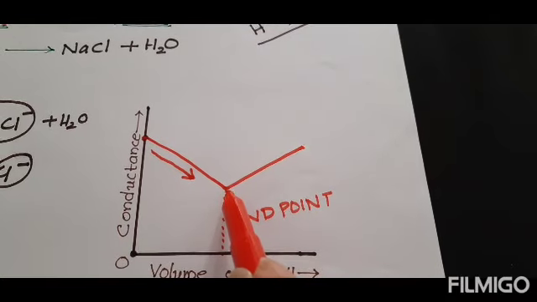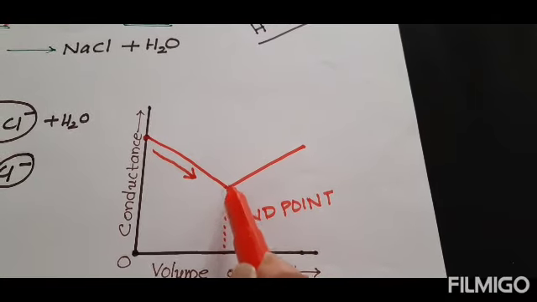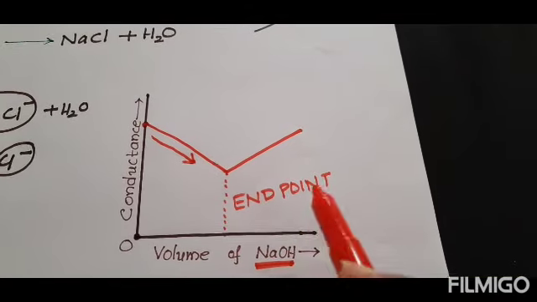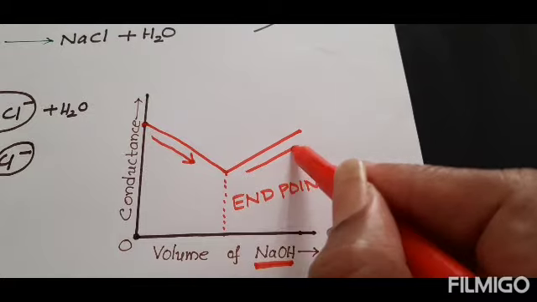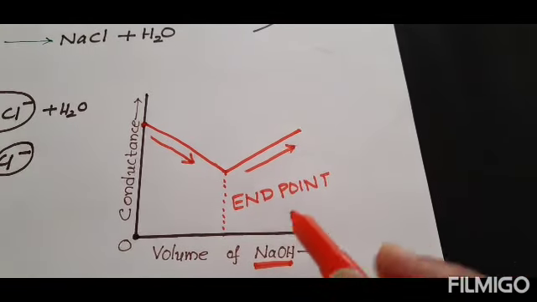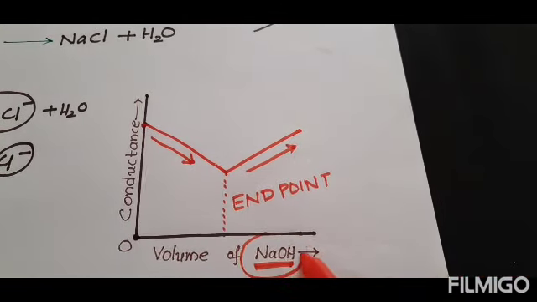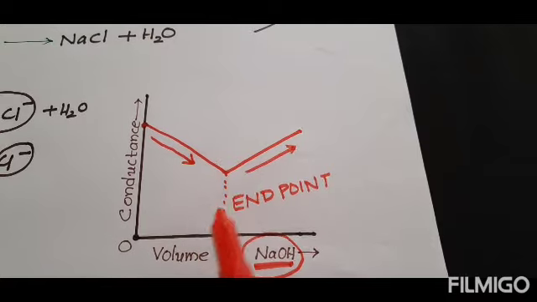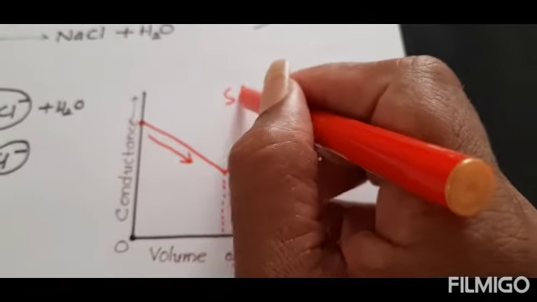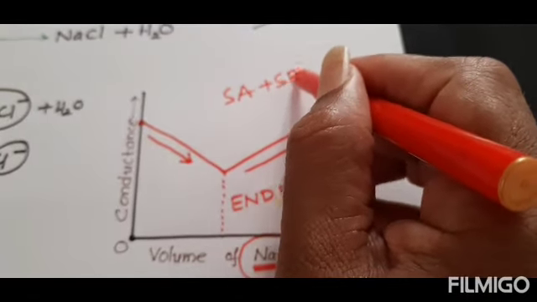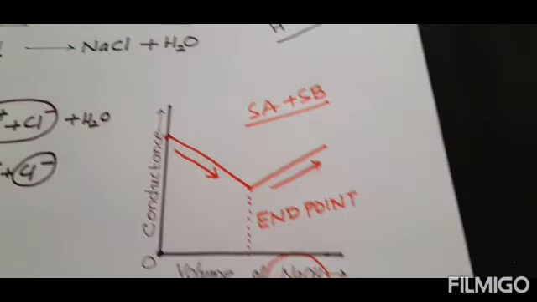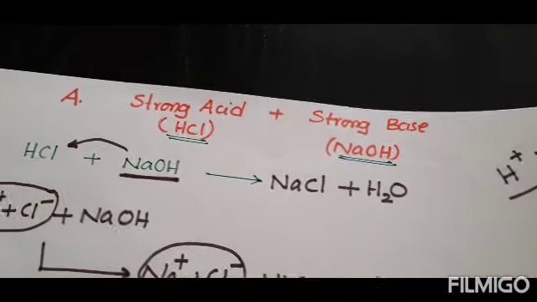After the complete neutralization of the given equivalents of the acid, if you continuously add NaOH, then the conductance starts to increase due to the formation of more Na plus and OH minus. So this is the curve for strong acid and strong base. Right? Taking one more example for one more type.